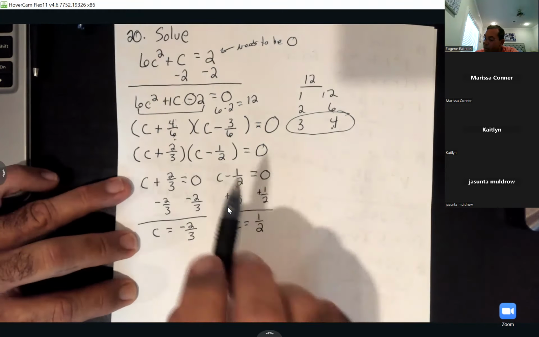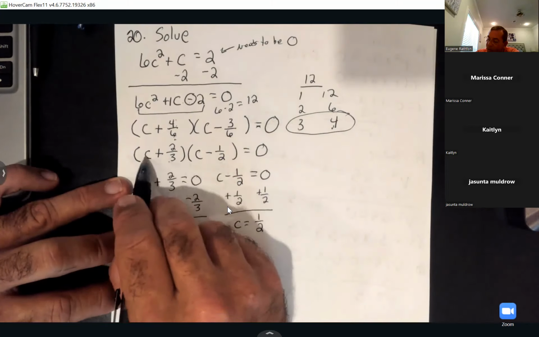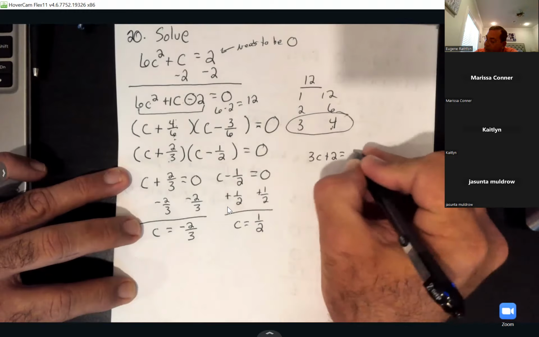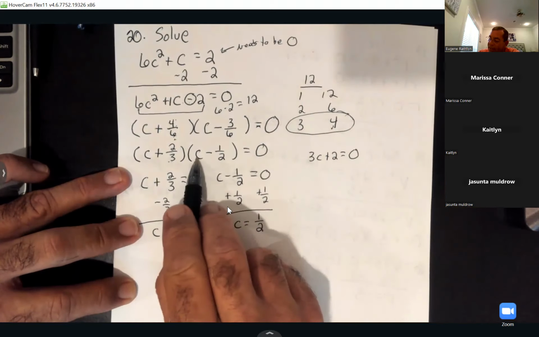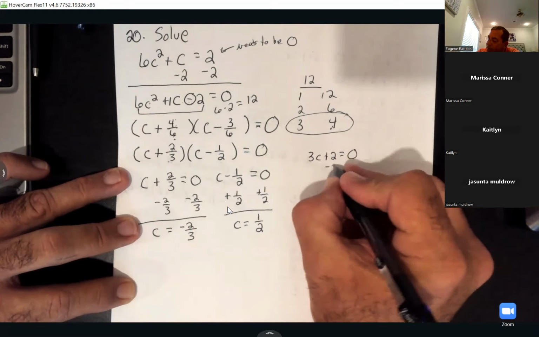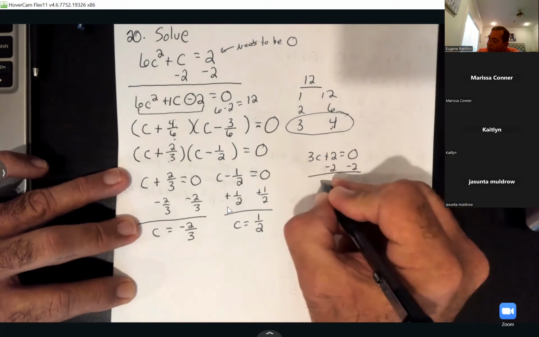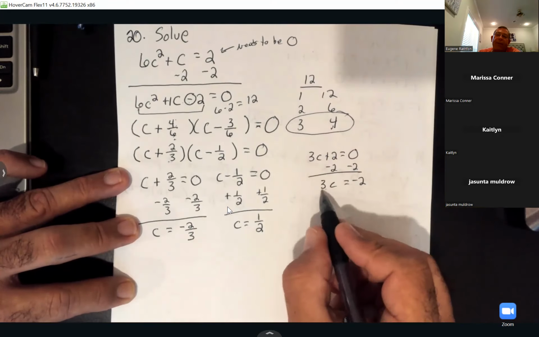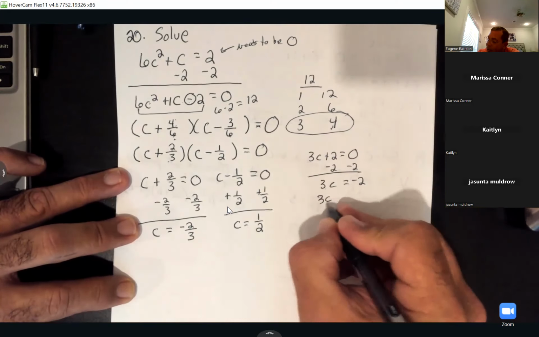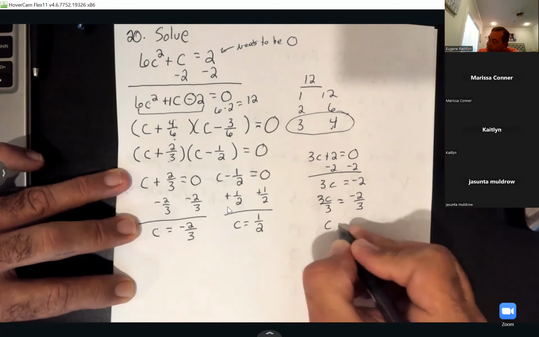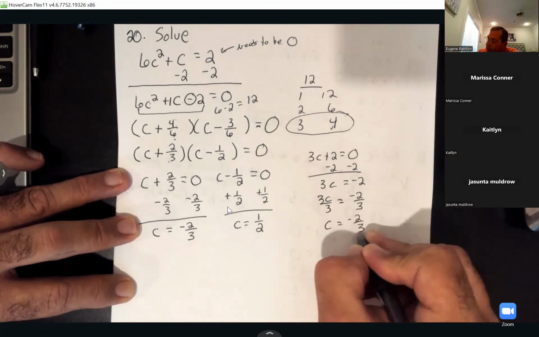So y'all, let me show you what happens. Say I did move the 3 in front, and I made that 3c plus 2 equals 0. And then I did the same thing here. Watch what's happening. I'm giving myself more work. And I'll get 3c equals negative 2. But then I'd have to come back in and divide by 3, so that I get c equals negative 2/3.